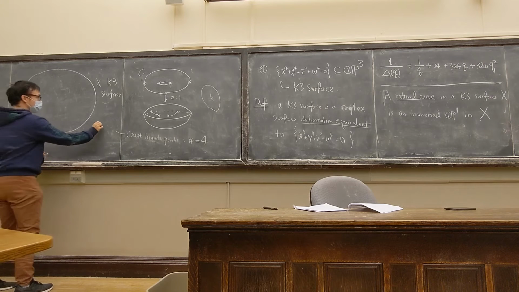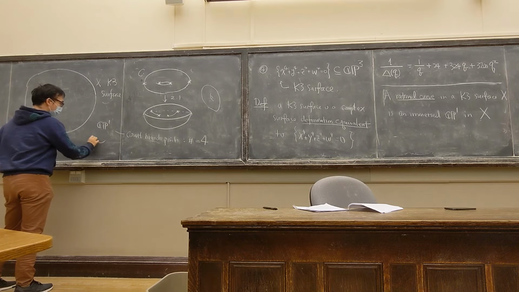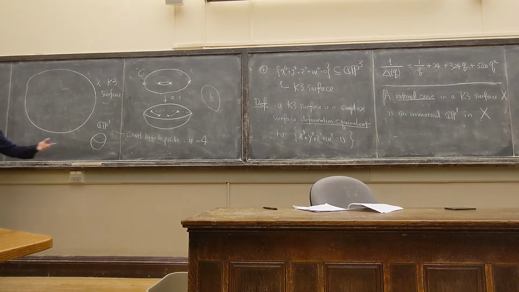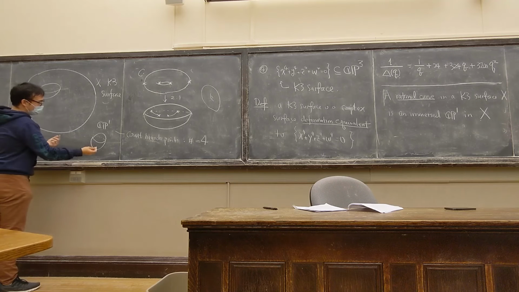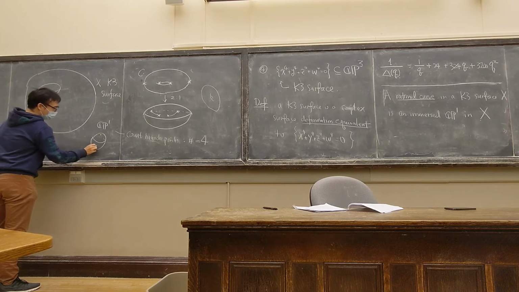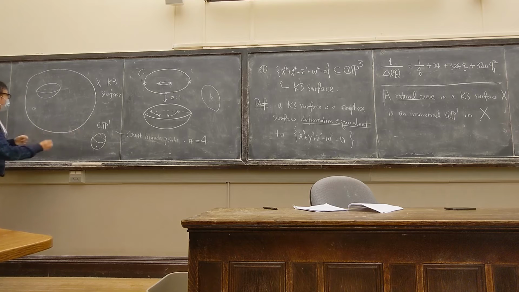Well, CP1 is something like a sphere, and you immerse your sphere inside X. So it could be immersed as a smooth one, which is called an embedding, or you can have self-intersection. So two points are identified after you immerse it. When you immerse it where you have self-intersection, you glue these two points. So the picture is something like this.